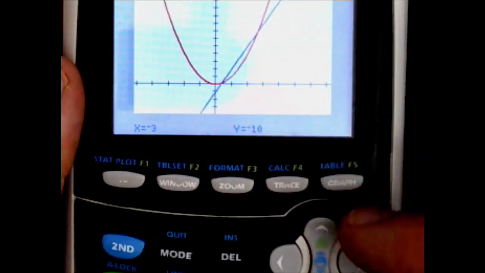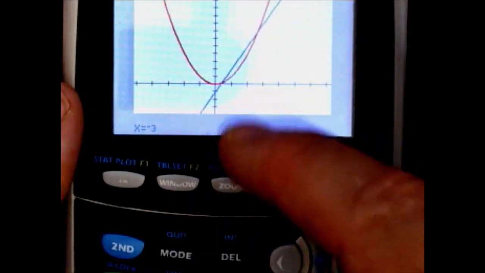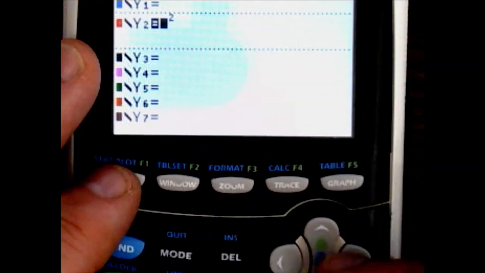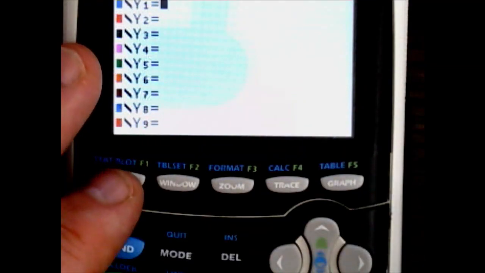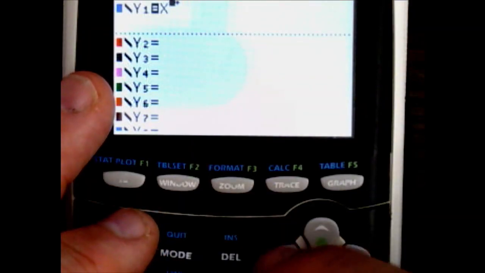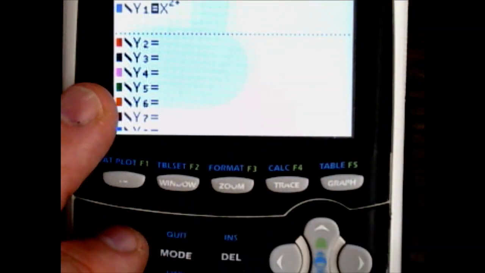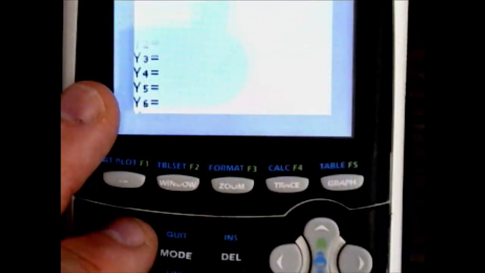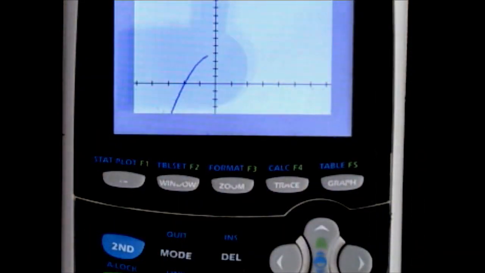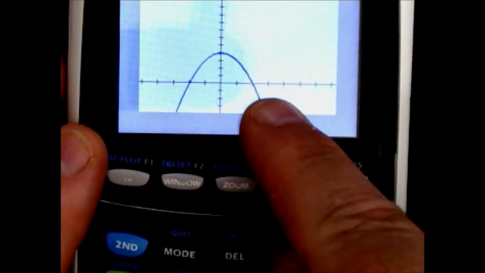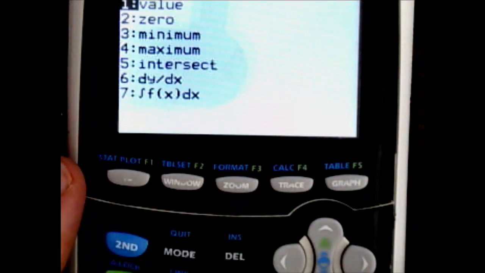Alright, so if I want to find the x-intercept, let's get rid of the two guys here and let's type in, I don't know, -x squared plus 4. Alright, so if I want to find these x-intercepts, I hit second trace 2.